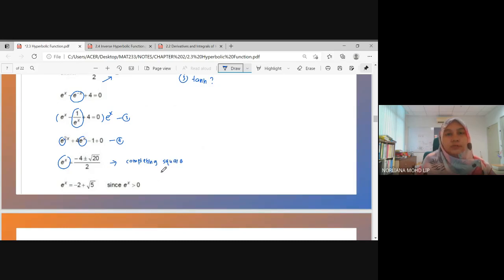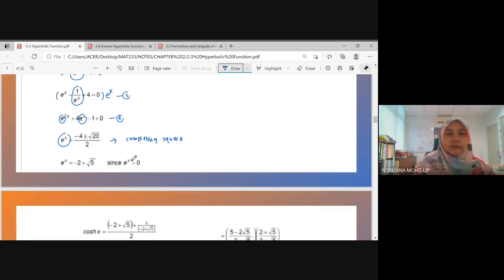By using the completing square method, we will have the answer for exponent x equal to negative 2 plus square root 5, or negative 2 minus square root 5. Since exponent x is greater than 0, we just use this positive value.